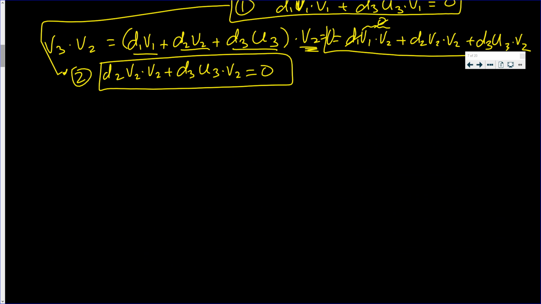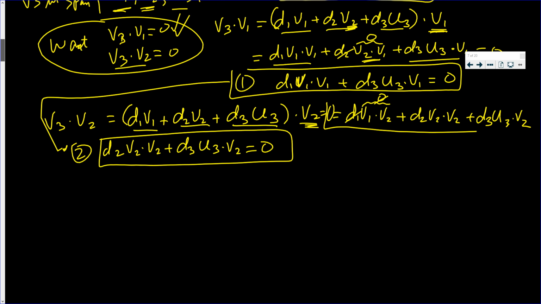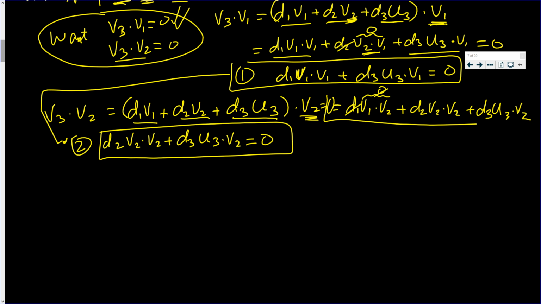That means V2 dot V2 is not 0. The only way you can dot a vector with itself and get 0 is if and only if that vector is 0. So I know from equation 2 that V2 dot V2 is not 0.